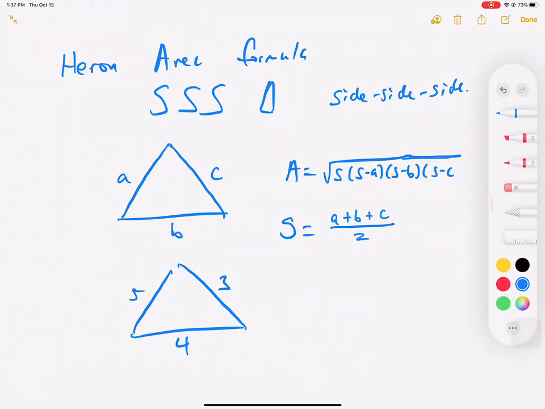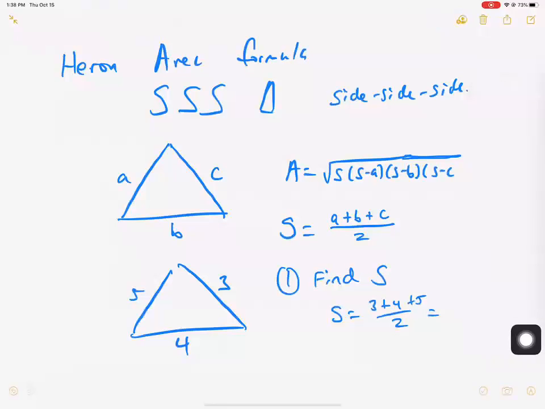So we're going to go ahead and first step, find S. Okay, so S is equal to 3 plus 4 plus 5 all over 2. 3 plus 4 is 7, 7 plus 5 is 12, over 2 is the number 6. This could be a decimal, sucks to be you if it was, but it is totally possible.